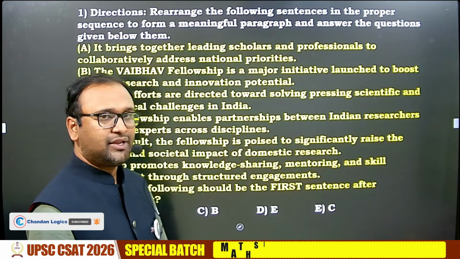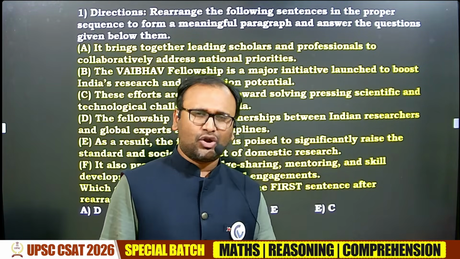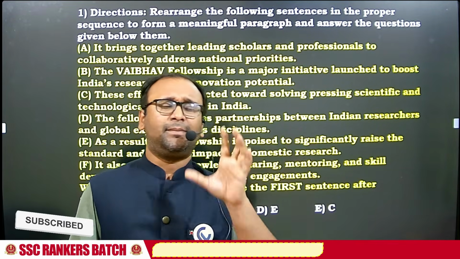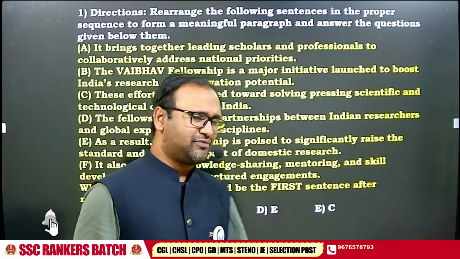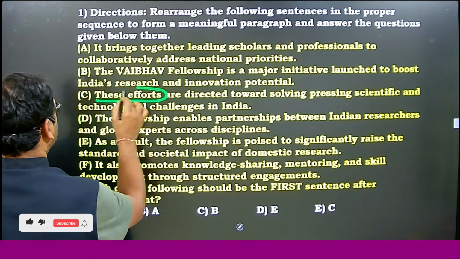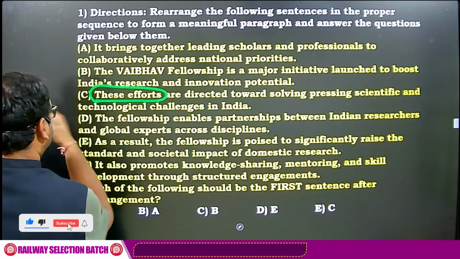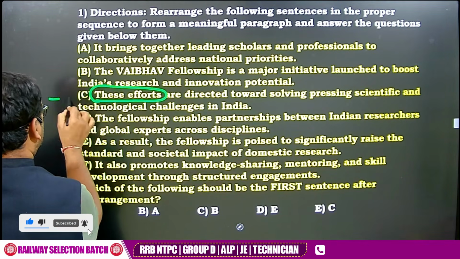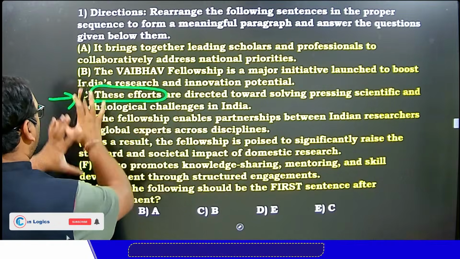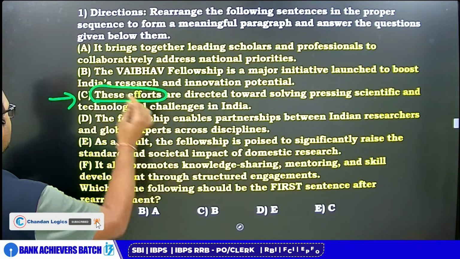On one hand, you need to understand a little bit of the sentences. What is it trying to say? If you observe here, these efforts. So before sentence C, there should be something where there are many efforts. So where are those efforts?